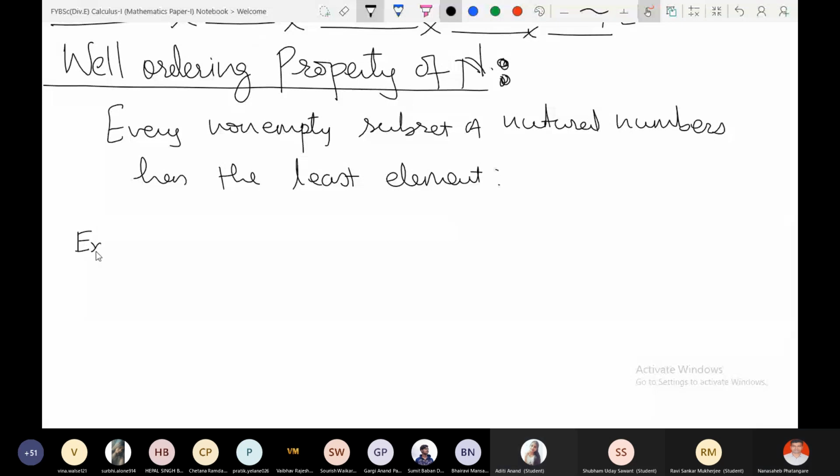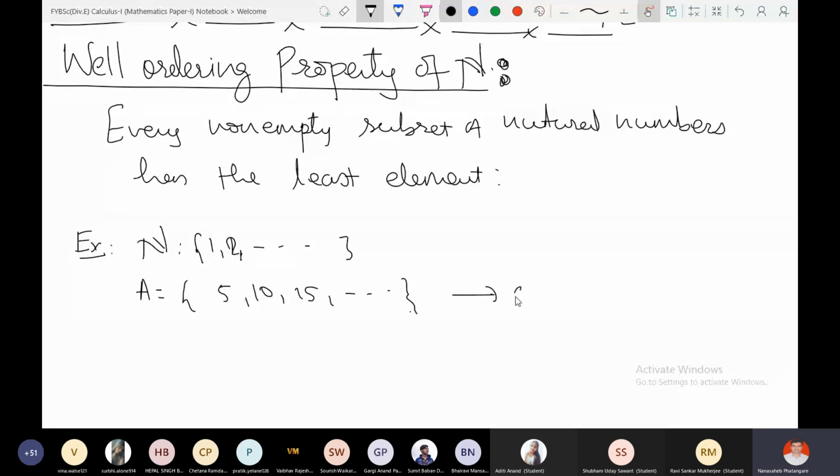Right. So for example, take the set of natural numbers 1, 2, 3, and so on. If I take some subset A, which is 5, 10, 15, and so on, multiples of 5, what is the least element? 5 is the least element.